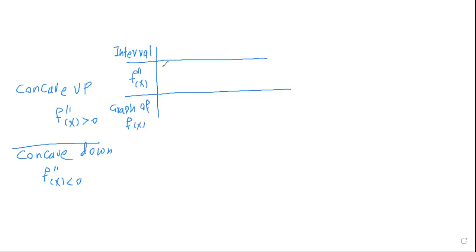Now x is less than negative 2/9, and x equals negative 2/9, then x greater than negative 2/9. Makes sense?